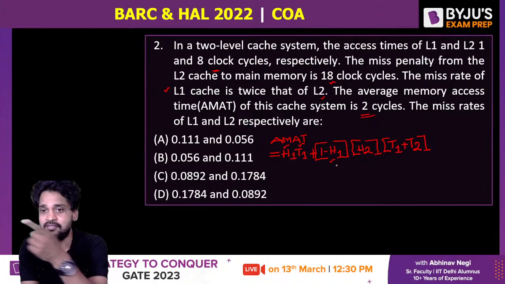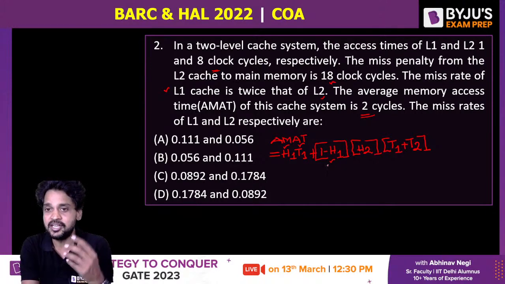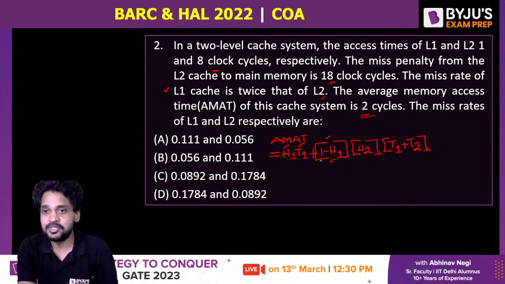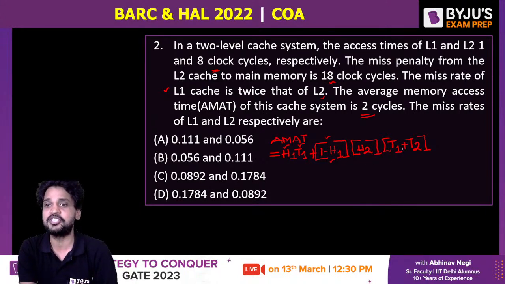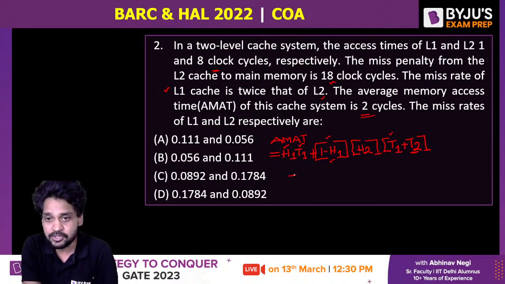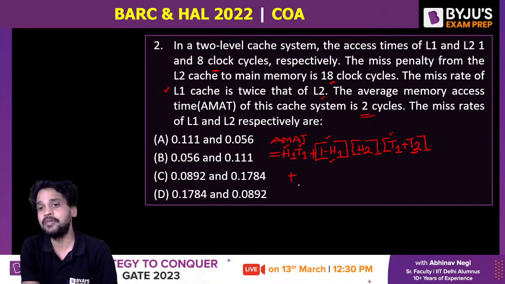During a miss only we will be able to go to the second level cache. That is 1 minus H1, the miss rate of the first level cache, into H2, the hit rate of the second level cache, into T1 plus T2. The time that we spent and wasted in the first level cache and the time that we are going to spend in order to access the second level cache, plus why we go to the main memory?